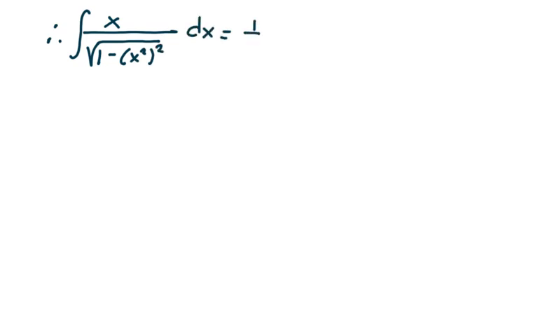So therefore, the integral of x over the square root of 1 minus x squared squared dx is 1/2 the integral of 1 over the square root of 1 minus u squared du.